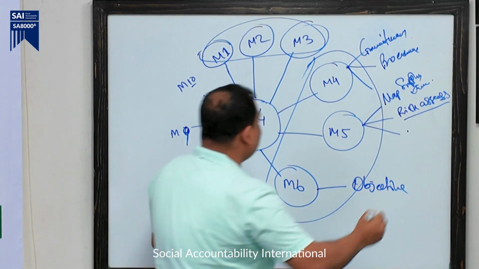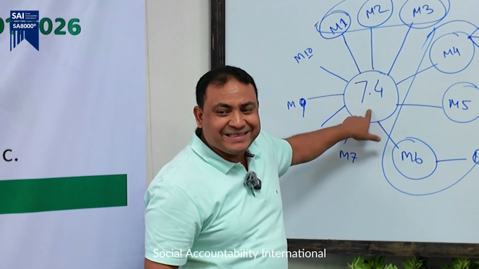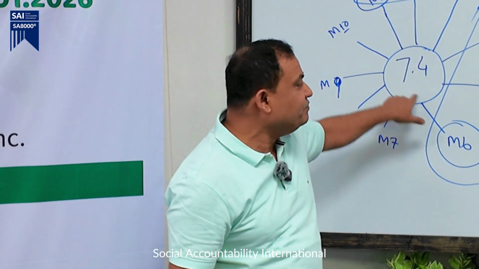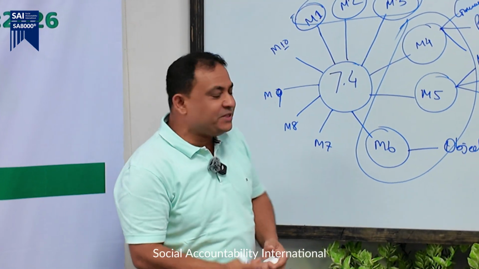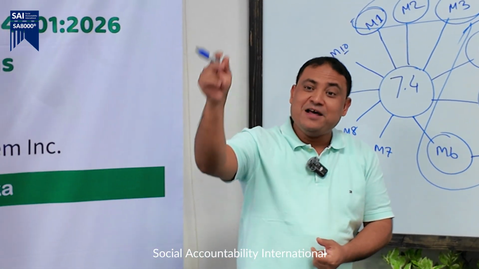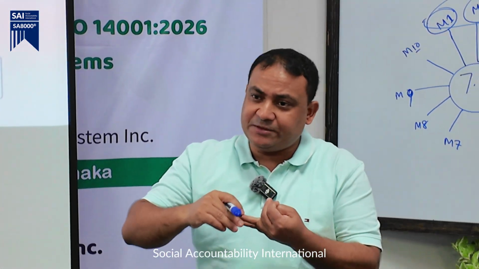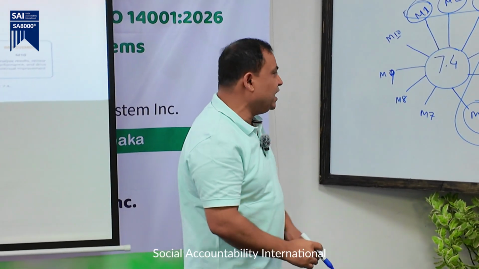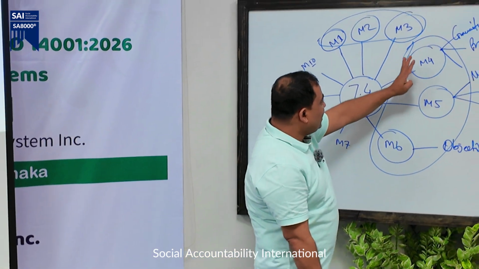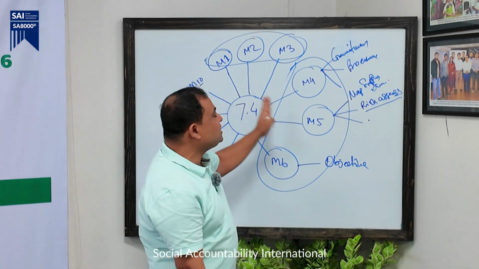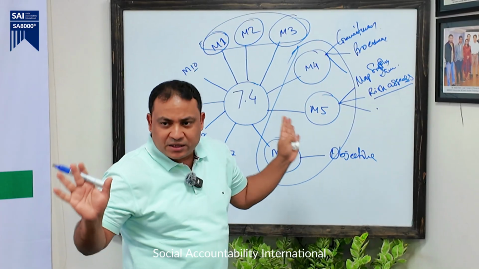So now as I am talking only about the business partners management system, this M1 to M10 is not only for business partners management, but also for own operations, business partners and other business relationships. So now we are only specific to business partner management.